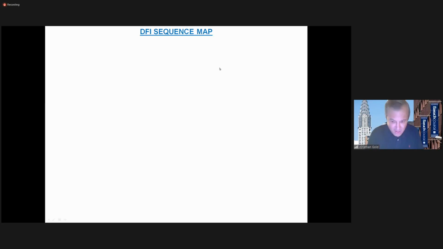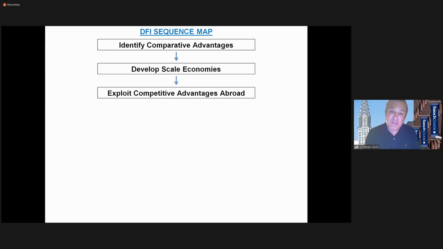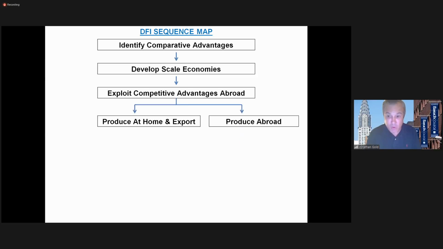The first thing the company needs to do is identify its comparative advantages. Then it needs to have developed its scale economies. Now it has to decide whether it's going to exploit its competitive advantages abroad or at home. So it can produce at home or abroad. And if it produces abroad, what does the question become? The question becomes one of control.